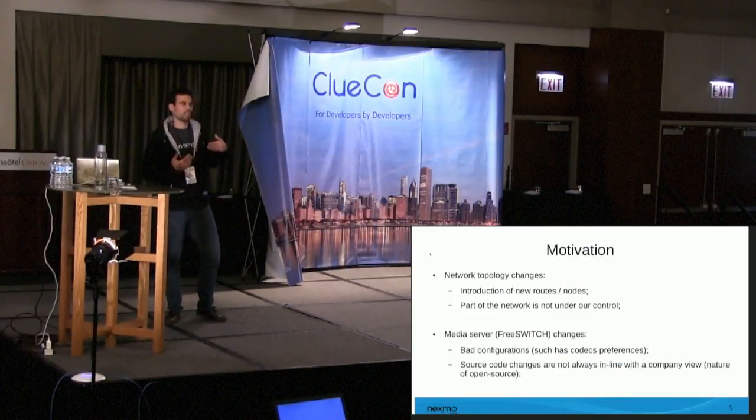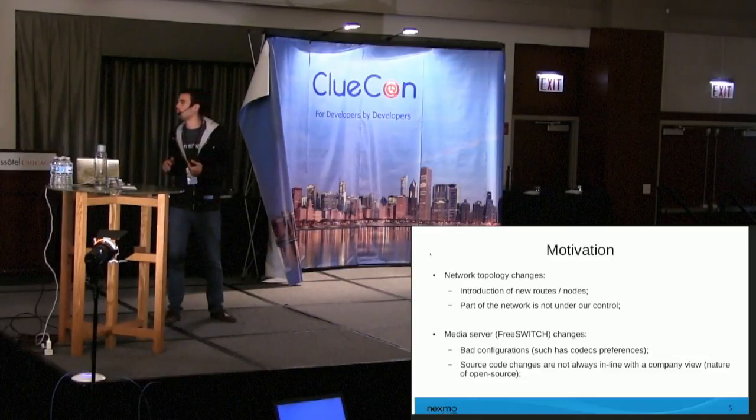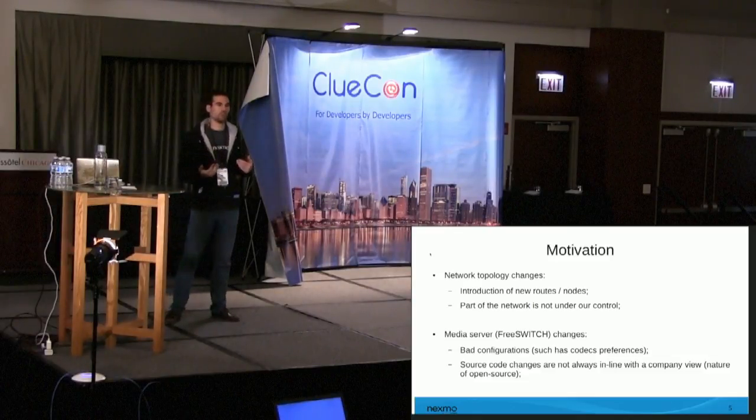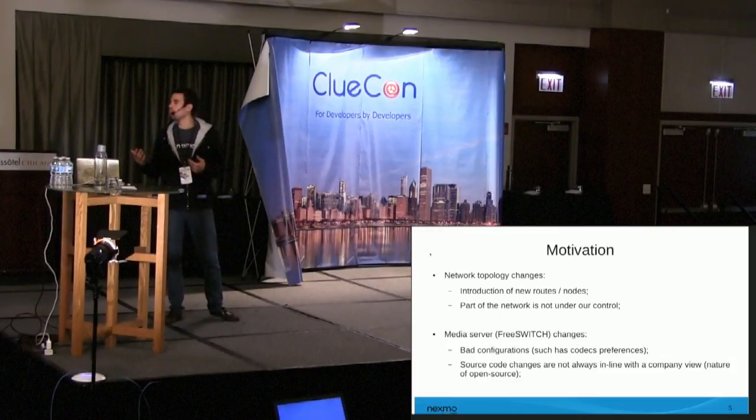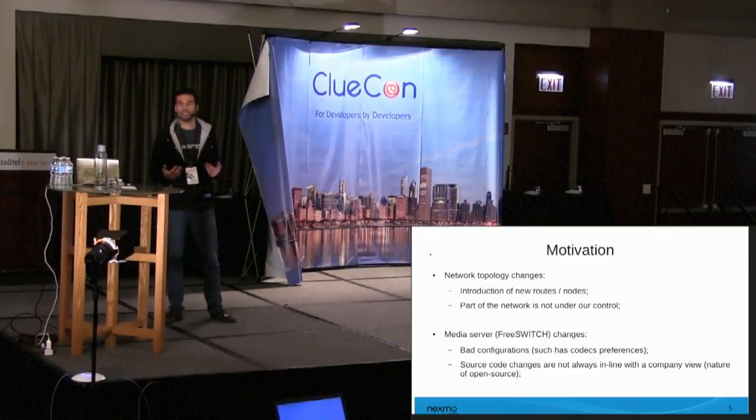So from the previous slide, you can see how important FreeSWITCH is on our internal stack. It's actually very crucial because everything is built on top of it. So it gets important to us to be able to know when things are going wrong. And in this case, things can go wrong in several different ways. It can be network topology changes.